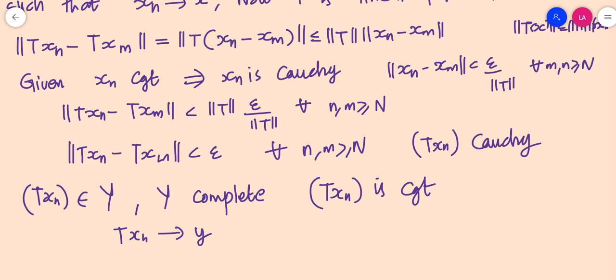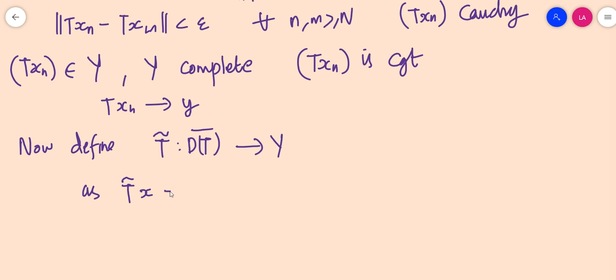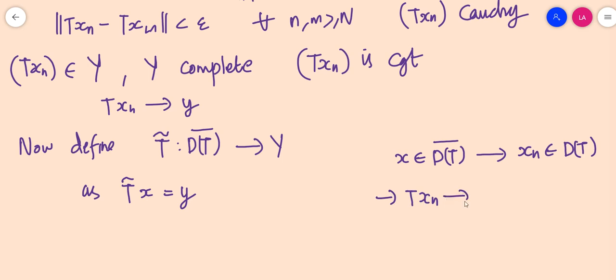So now define T tilde from D(T) closure onto Y as T tilde of x is equal to y, because for every x element of D(T) closure we found a sequence xn element of D(T) such that T of xn converges to y.